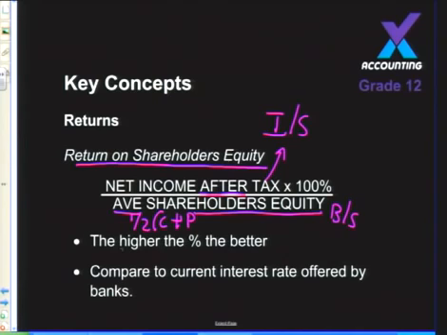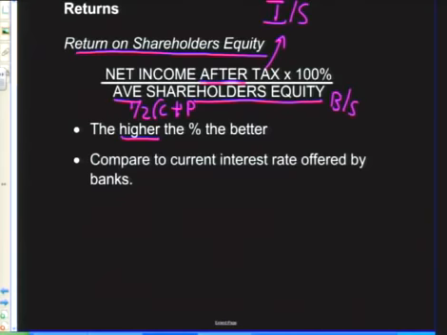Again, I'm sure you guys are tired of hearing this now, but the higher the percentage, the better. And this ratio is often compared to the current interest rate offered by banks or alternate investments.